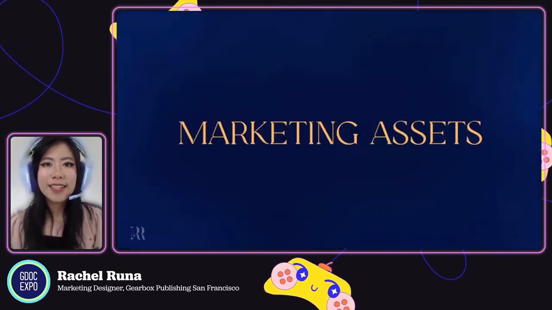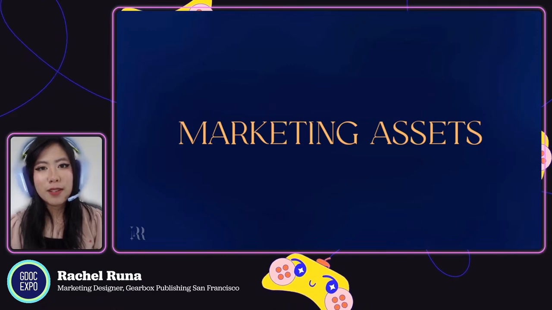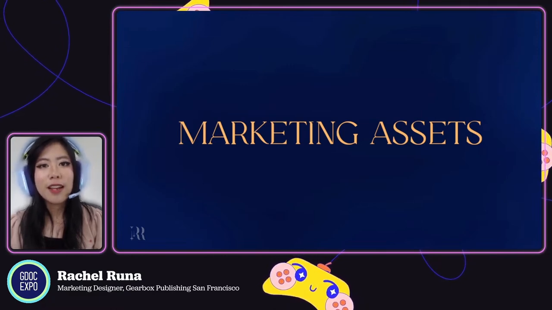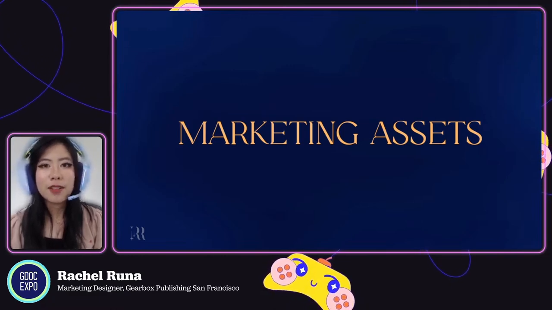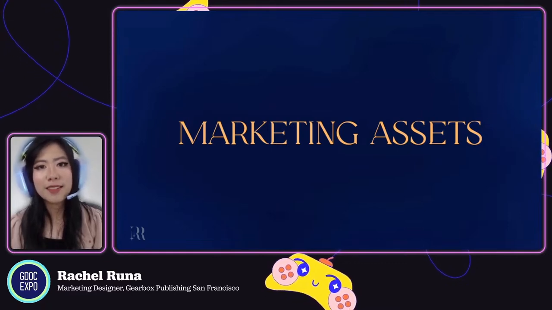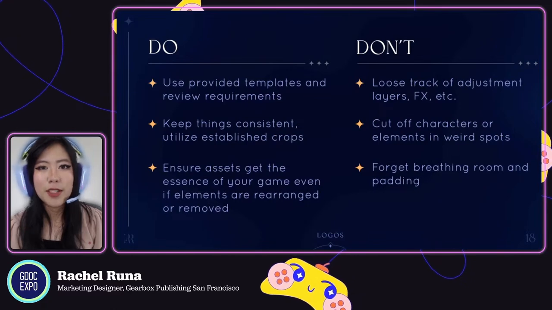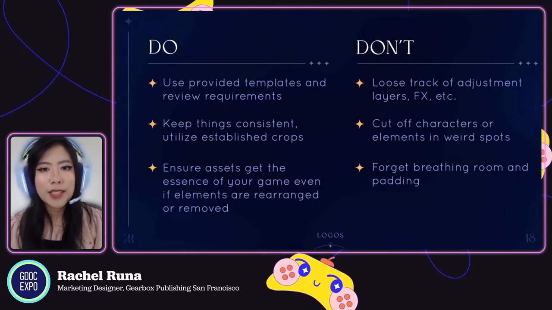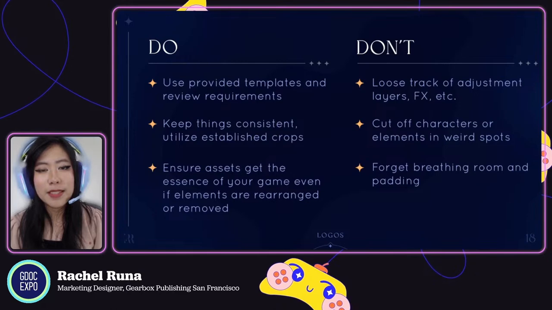Now that we've learned more about logos, we're going to take what we learned and what we learned earlier about key art and look at how to approach designing marketing assets. I have some do's and don'ts, starting with do. Use provided templates and review requirements.